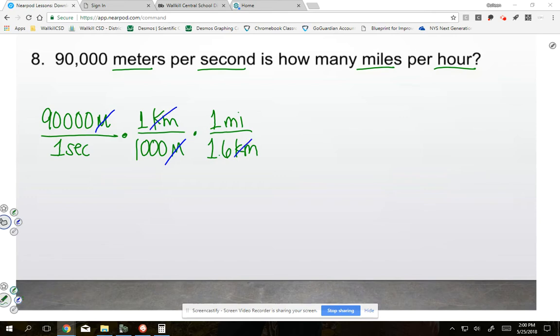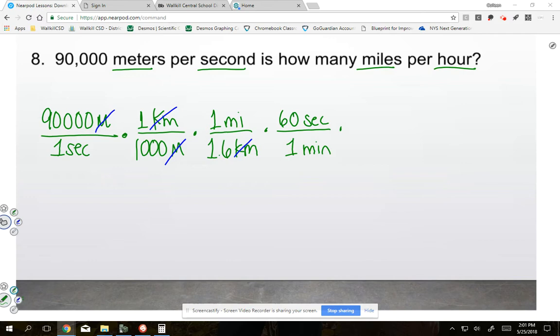Okay, but now I got to deal with seconds. And I want to get seconds to hours. So what's the in-between? Seconds, then what? Then hours. What are we missing? Minutes. How many seconds are in a minute, everybody? 60. And we want seconds in the numerator because I want to cross out the denominator. So 60 seconds equals 1 minute.